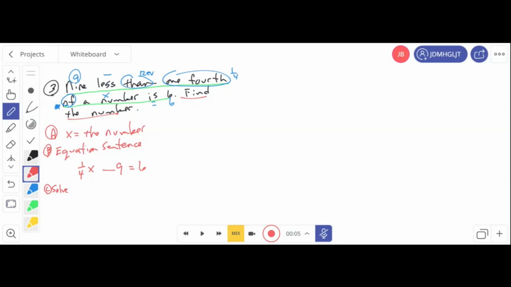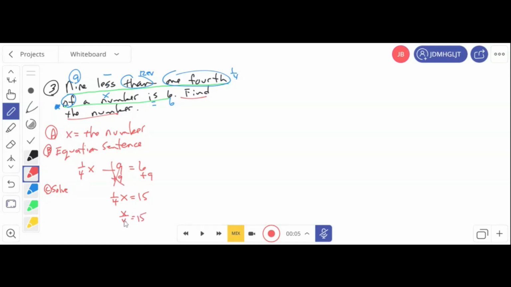Step 5, undo addition or subtraction. The 1/4 is being multiplied and we're subtracting 9. So I undo the subtraction by adding 9. The 9's add out. We're left with 1/4 x equals 15. This means since there's 1/4 written in front of the x, it can jump up on top.